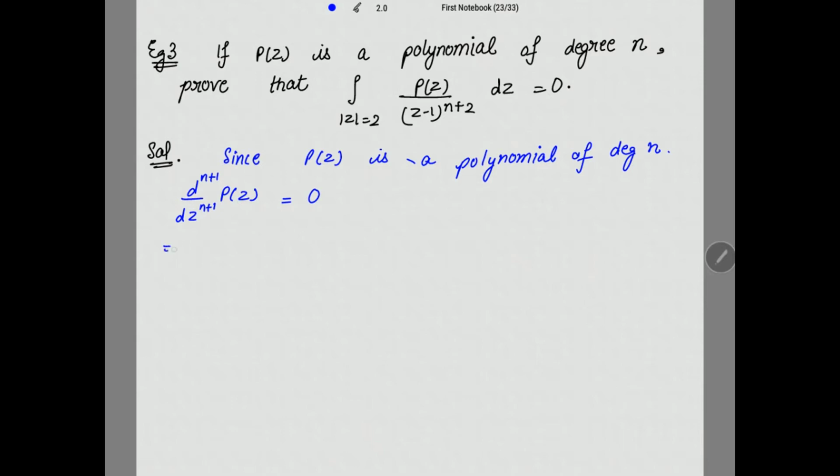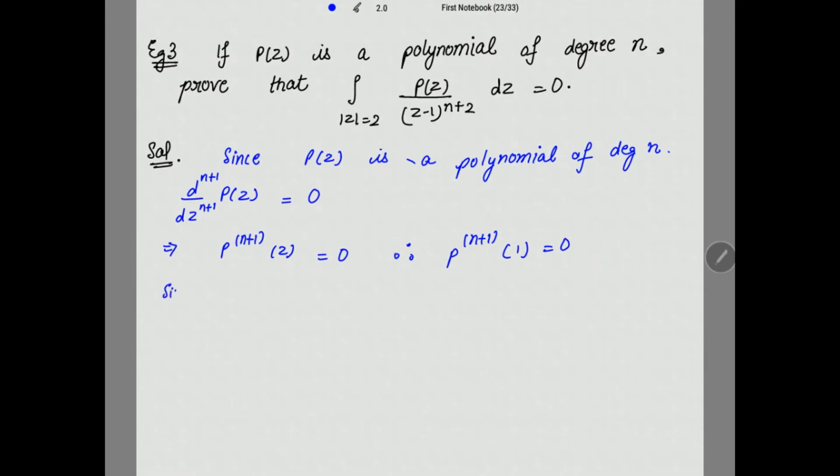So next, that is p n plus 1 at z, this is equal to 0. Therefore p n plus 1 at, what is the point z naught? That is 1. This thing is also 0. Okay, now since pz is a polynomial that is analytic inside the circle and on the circle, and the point z equal to 1 lies inside the circle.